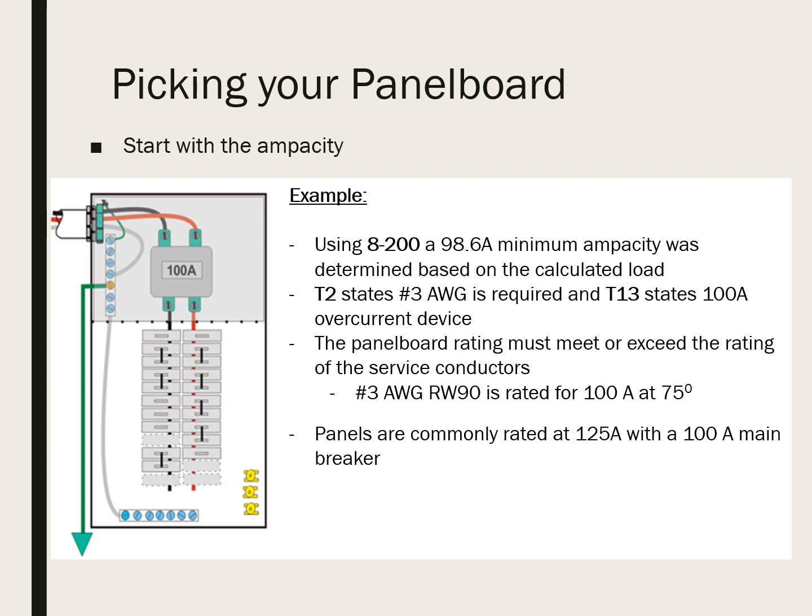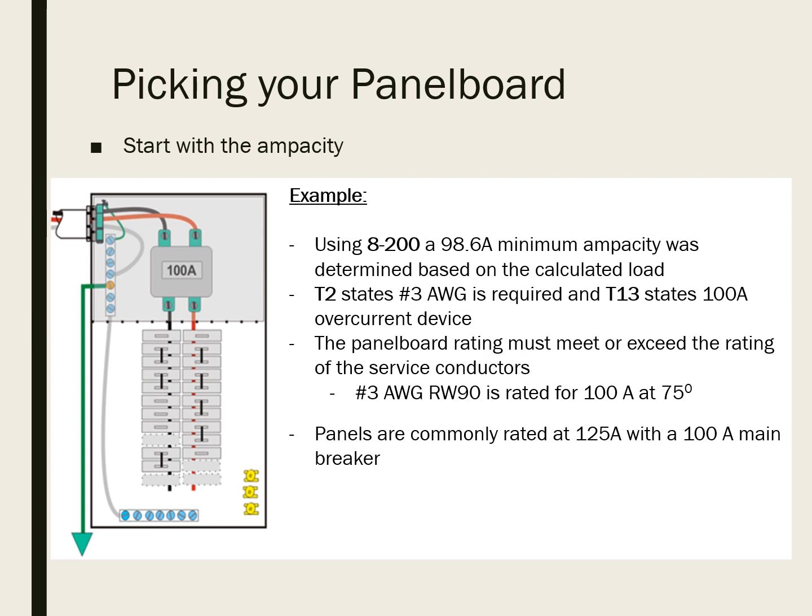Now that 100 amp rating is important to us, and we'll come back to that in just a moment. The other thing we need to know is, according to table 13, we are required to have a 100 amp overcurrent device in order to protect this wire. So that's where we start. We know what our smallest possible overcurrent device is going to be. So we cannot choose any panels that are less than 100 amps. We can always choose something bigger, but we can't choose anything less.